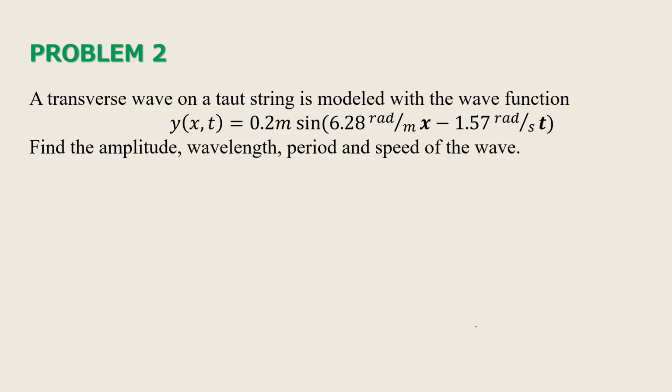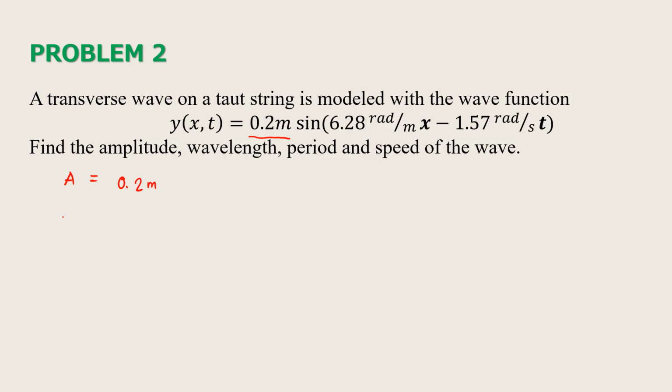So again, we're given the wave function, and we are asked to find the amplitude. From the wave function, we can actually see that this is the amplitude. So the amplitude is 0.2 meter.